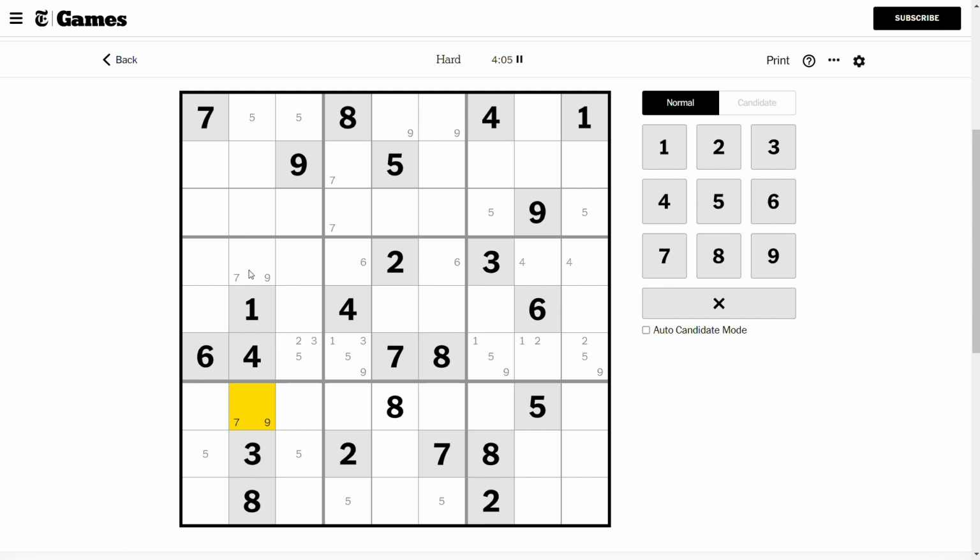And no other digits can go into the 7-9 pair, because in order to fit both 7 and 9 into column 2, these two digits have to go down into these two open cells. Or in other words, these two cells are reserved for 7 and 9, and therefore all other digits are eliminated from these two cells.